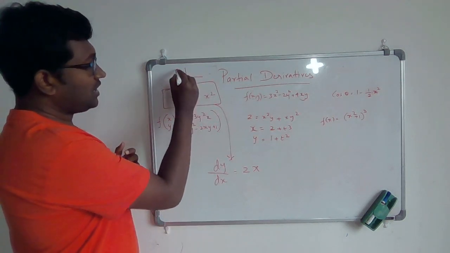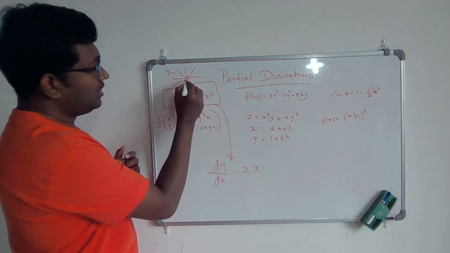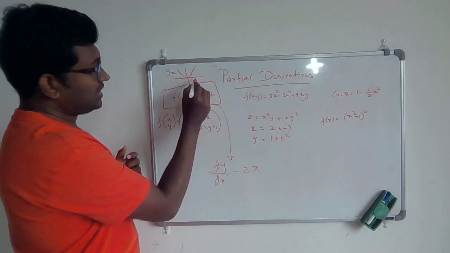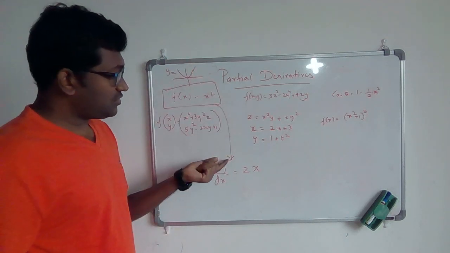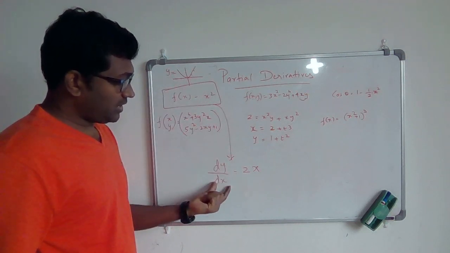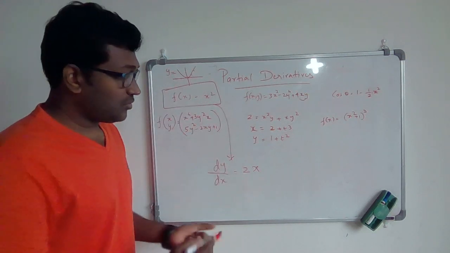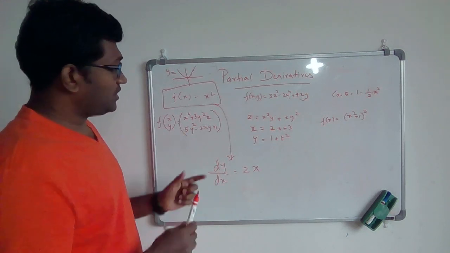So when x changes, y changes. That's the simplest equation. And any change to this x will correspondingly give a derivative dy by dx, that is 2x. That is univariate.